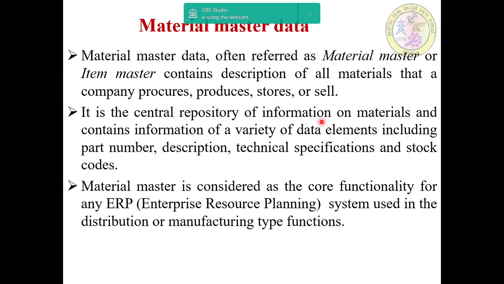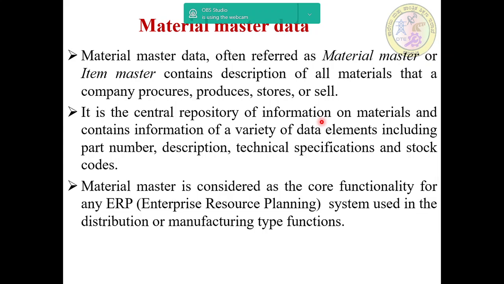The next one is materials planning and control. Here, information for material requirements planning and consumption based planning. For example, safety stock level, planned delivery time, and reorder level for material. The next one is purchasing. Here, data provided by purchasing for a material.